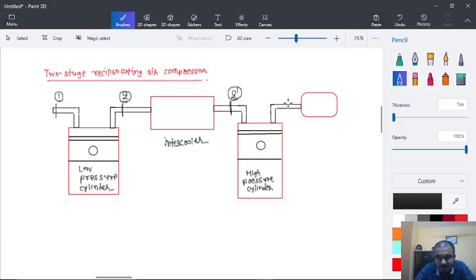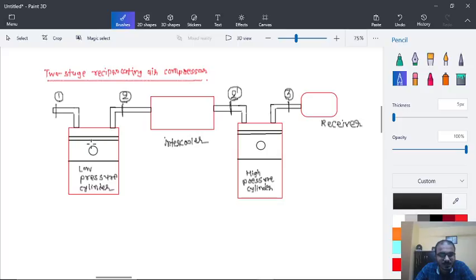Here we will have point number 3. And the last box that you are seeing here is the receiver.